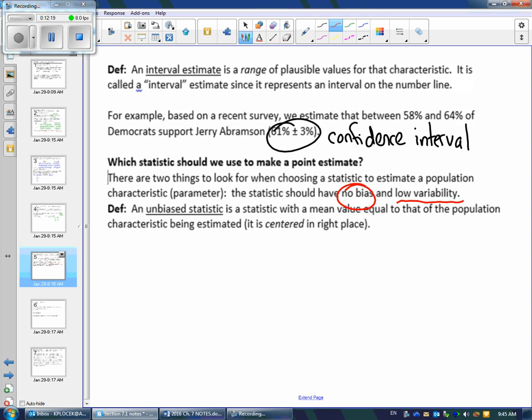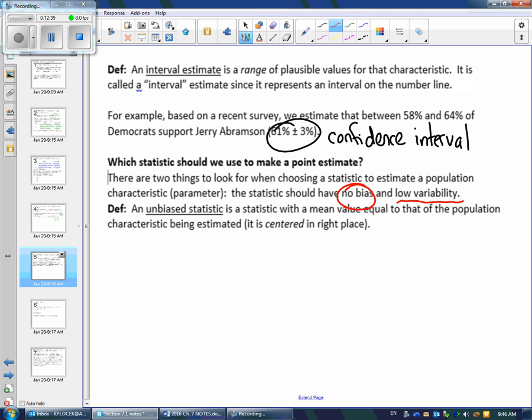together. An unbiased statistic is a statistic with a mean value equal to that of the population characteristic being estimated. It's centered in the right place. So your statistic, whatever you're going to get, is exactly what the population value is.